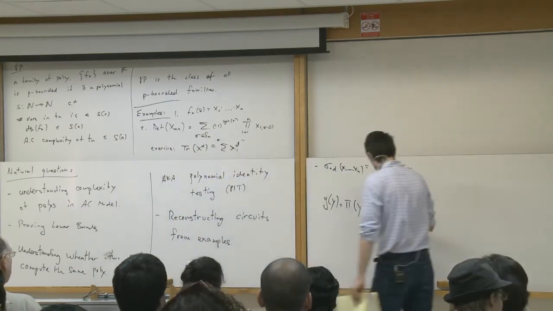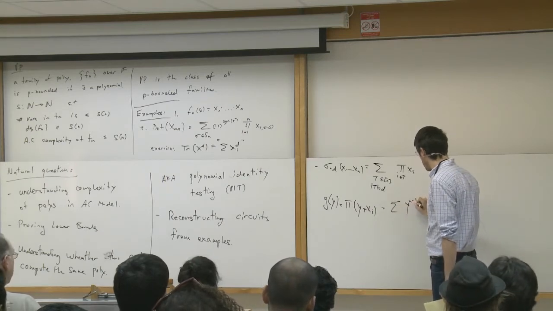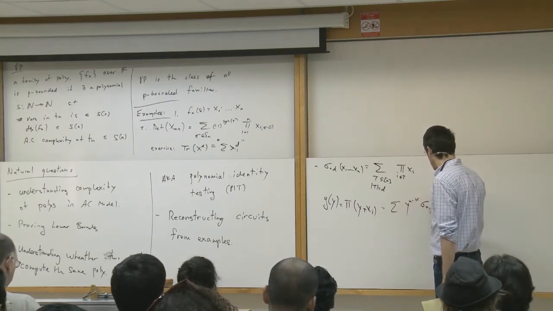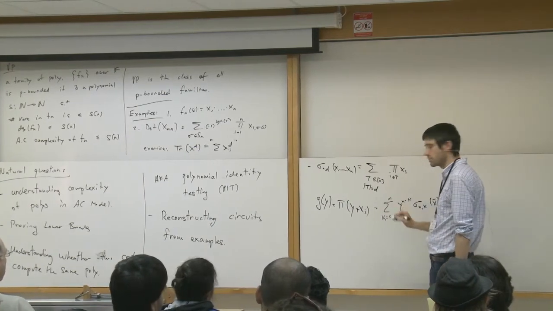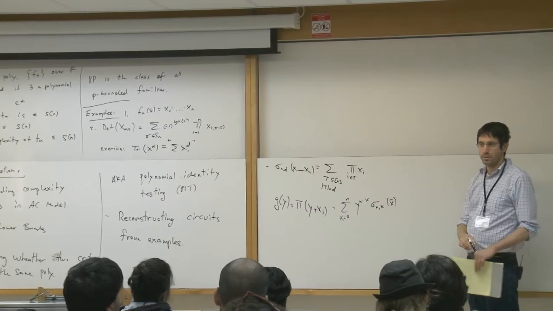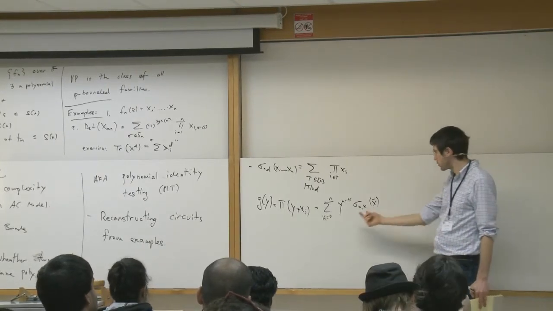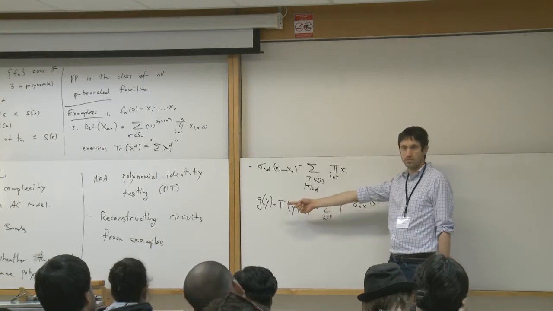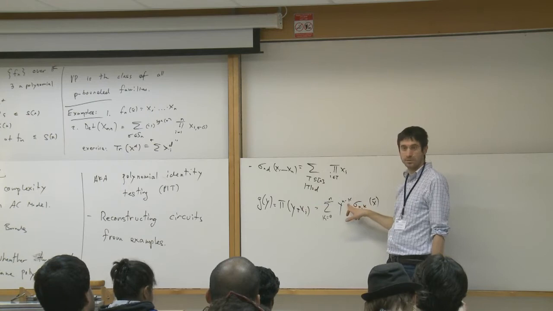So what is this polynomial? If you expand it out, it's the summation of y to the n minus k, sigma n k. So basically, the polynomial that we wish to compute is one of the coefficients in g. This polynomial is a coefficient of y to the n minus t.